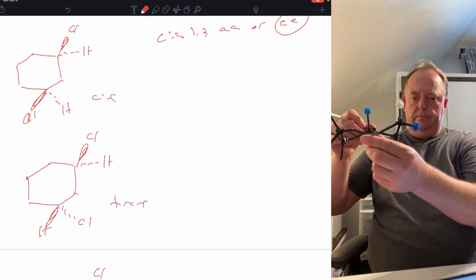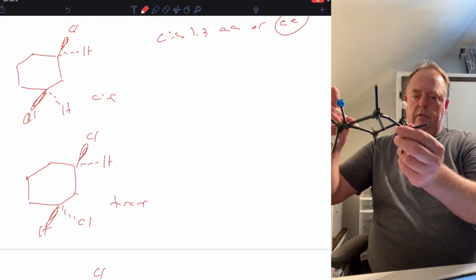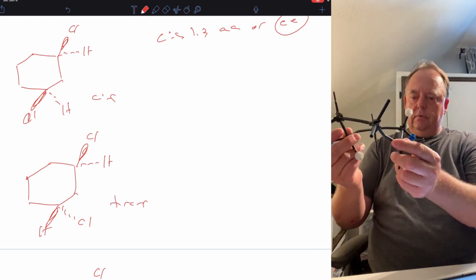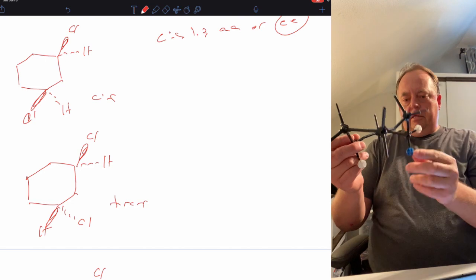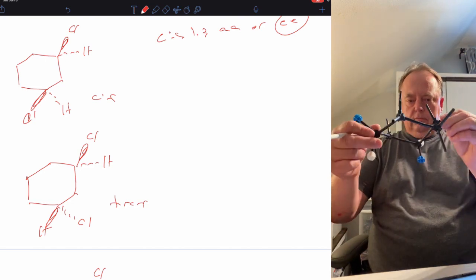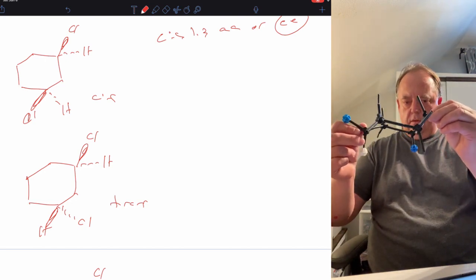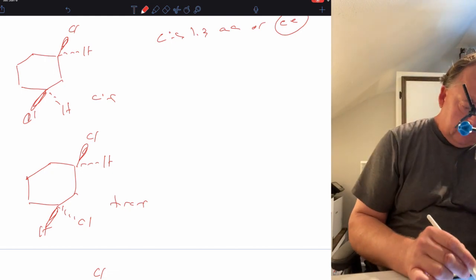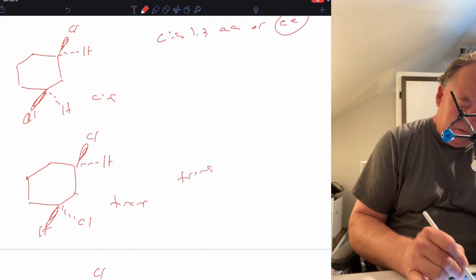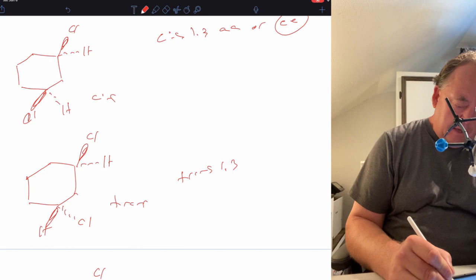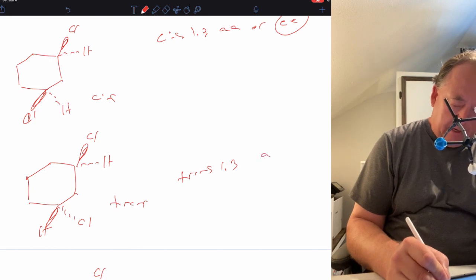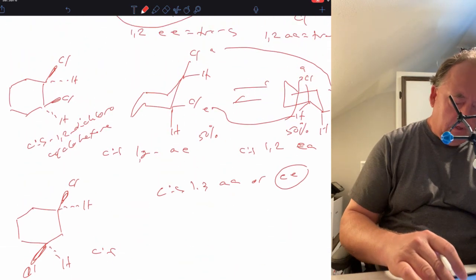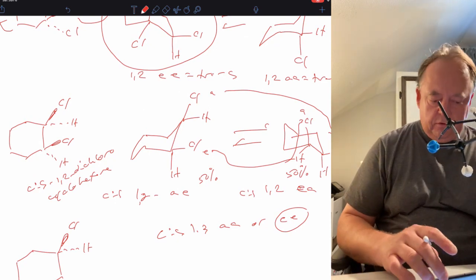And if we did a chair flip, then this one's going to go equatorial and then this one is going to go axial. So if it's a trans 1,3, then one group has to be axial, one group has to be equatorial, which is exactly opposite of 1,2.